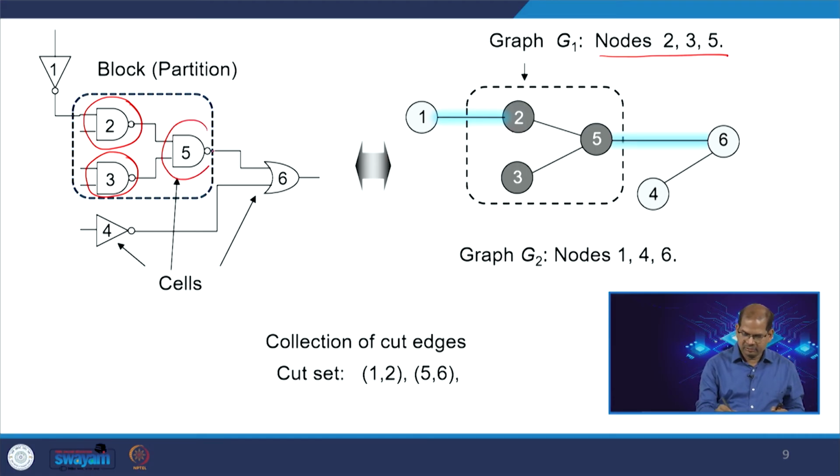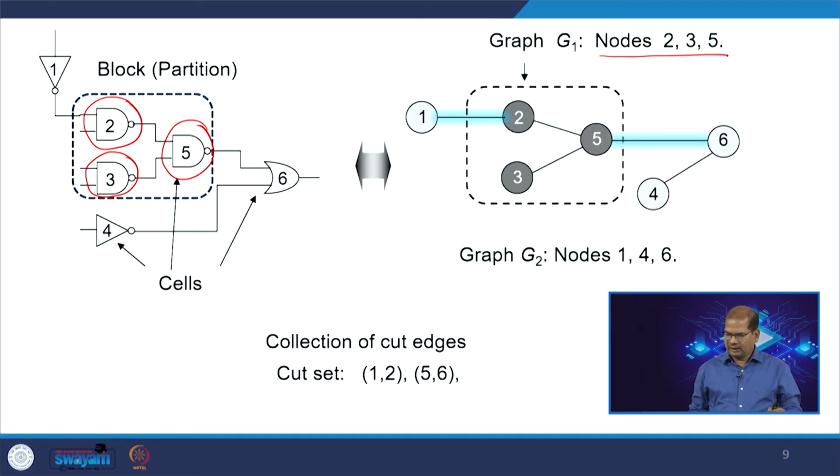The graph G2 contains the nodes 1, 4, 6.